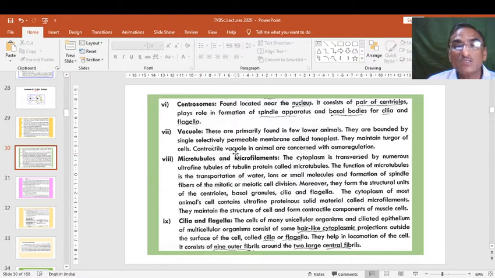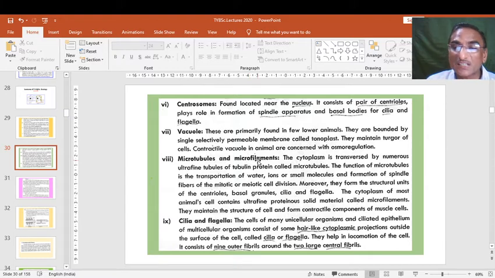Contractile vacuoles in animals are concerned with osmoregulation, and the vacuoles are generally formed by cell organelles such as ribosomes, lysosomes, RER or Golgi bodies. These are all related with each other, and endoplasmic reticulum is responsible for the formation of different other organelles.